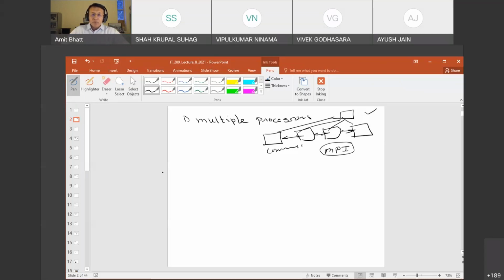So then in the early 2000s, they came up with a new idea: let's have 4 cores or 4 processors on the same chip. Right? So this is your chip.